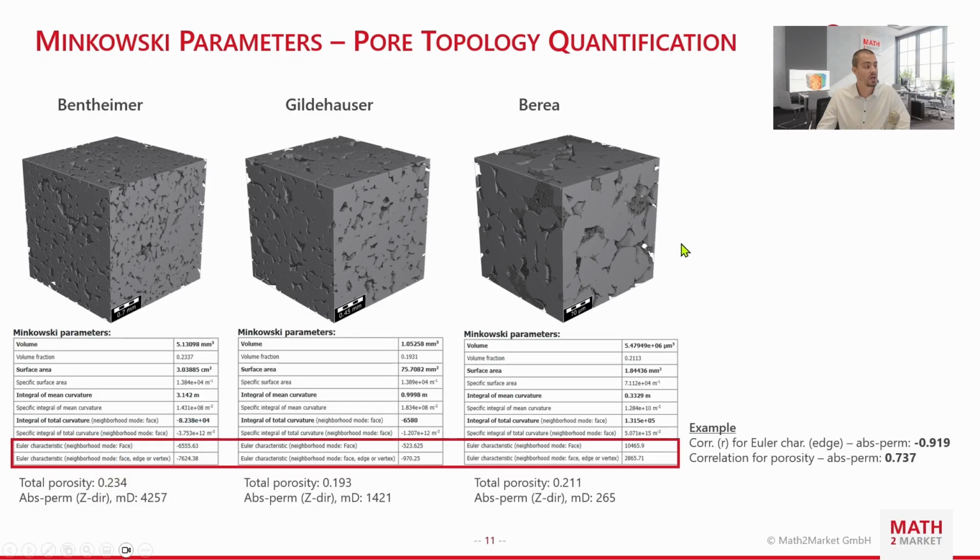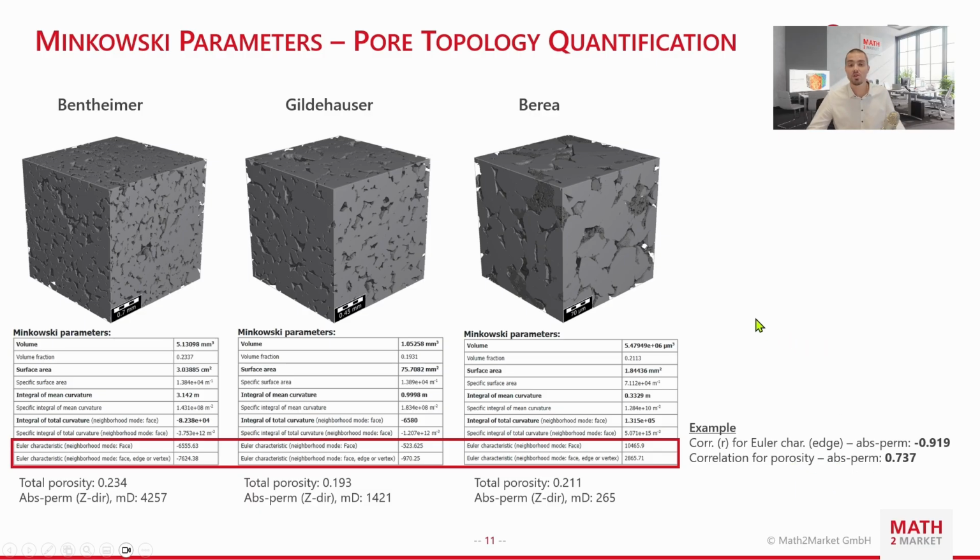So in this case, we ran the Minkowski parameter function in GeoDict on different sandstone samples. And just as an example here, we noticed that the correlation between Euler characteristic and absolute permeability was quite highly negative, even more so than the correlation between porosity and absolute permeability.